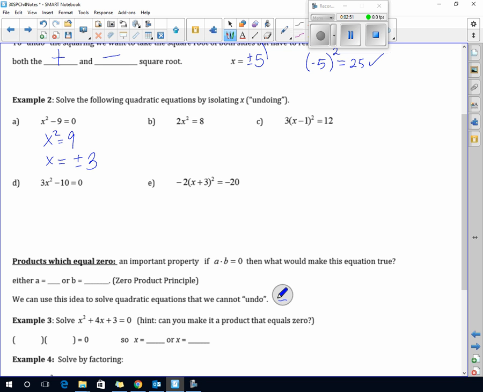Ooh, this one looks a little different. What do we do here? Do you think we need to multiply it all out? No. It's actually in a perfect square form. So if we divide by 3 to both sides, what do we get? X minus 1, the whole thing squared equals 4. Now do you see I can square root both sides?